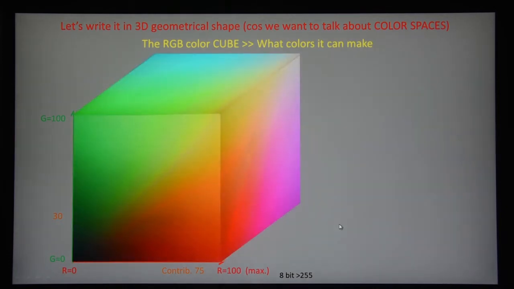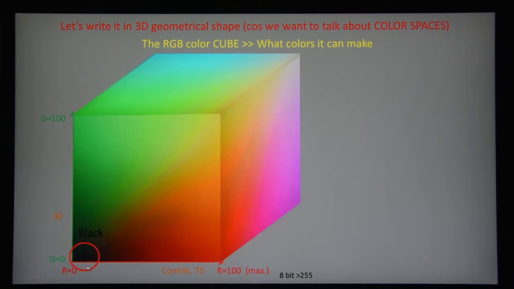If I add my blues, then red and blue gives a purple, also called magenta. If you have green and blue and the red 0, then you get this plane over here. And when green and blue are equal and, for example, maximum, you get the cyan.